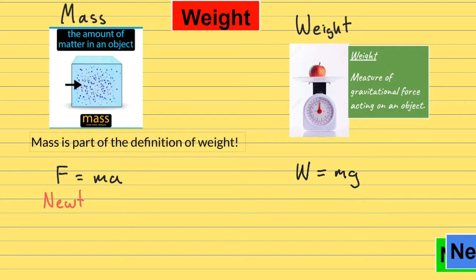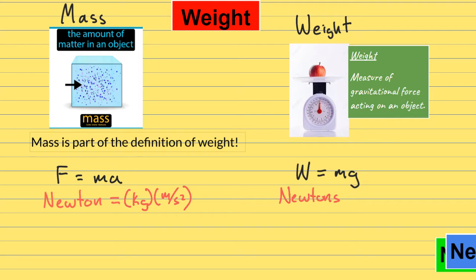Newton, the definition, is actually equal to the units for mass and acceleration put together. So we have the kilogram meter per second squared, and that's what a newton is: kilogram meter per second squared. And when we look at weight, we get the same units. So weight, like I said, is going to be in newtons.